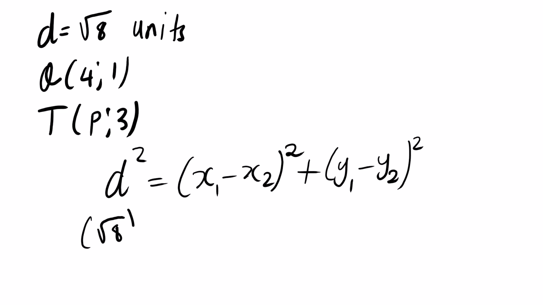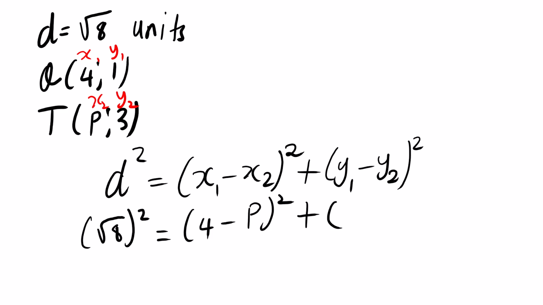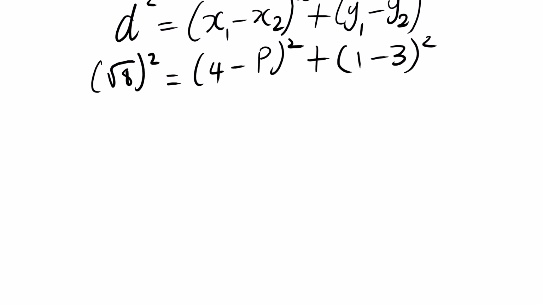Distance square root of 8 squared is equal to, let us quickly label x1, y1, x2, y2. x1 is 4 minus x2 is p, squared, plus y1 is 1 minus 3, squared. Square root of 8 to the power 2 is the same as square root of 8 multiplied by square root of 8. That will be 8. It's equal to.